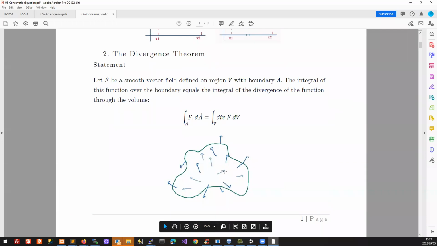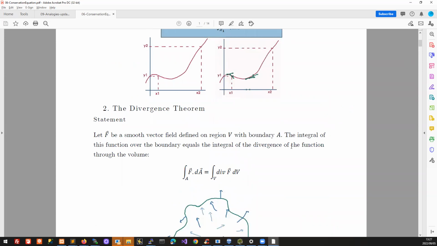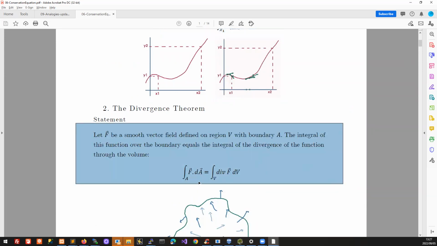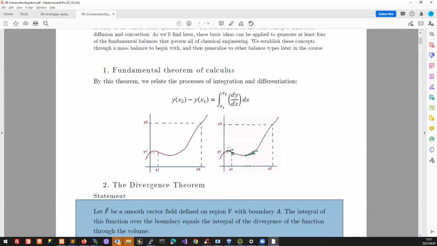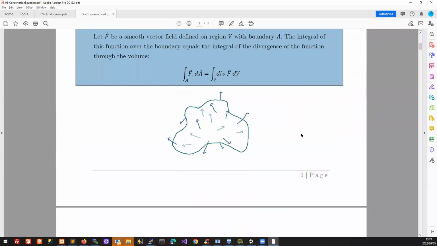Or another way to look at it is that all the changes happening inside the volume of the space are equal to the changes if you just count all the changes on the surface of that space. So the divergence theorem is the statement which can be viewed as the 2 and 3 dimensional version of the same 0 and 1 dimensional version of the fundamental theorem of calculus.